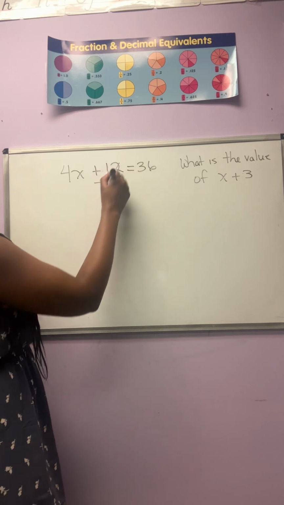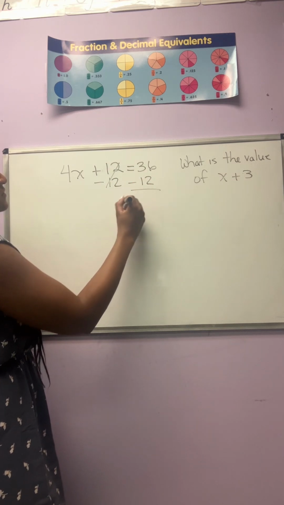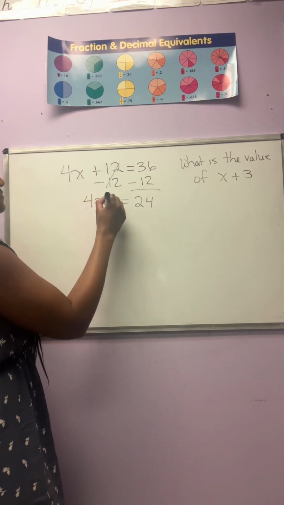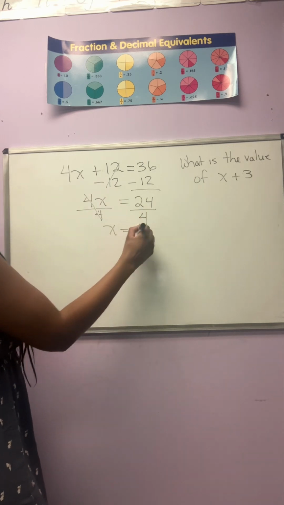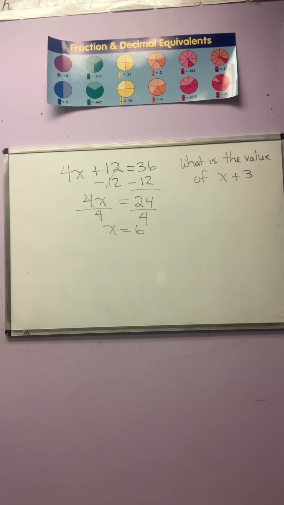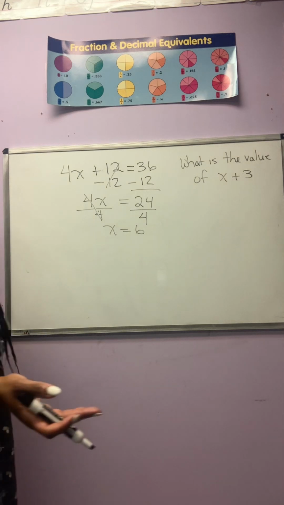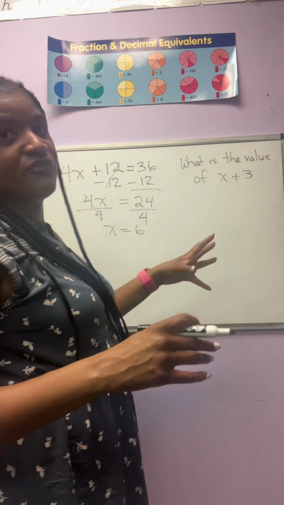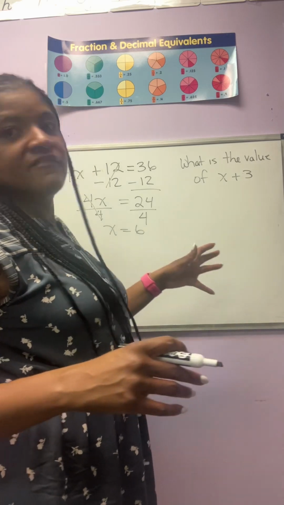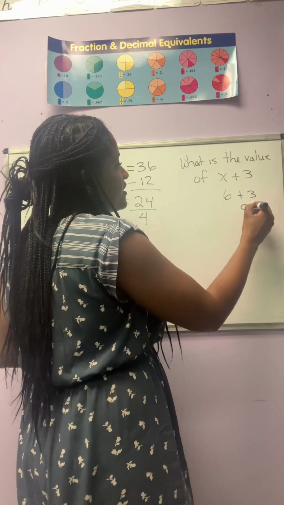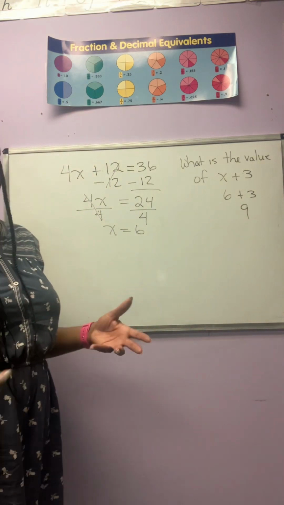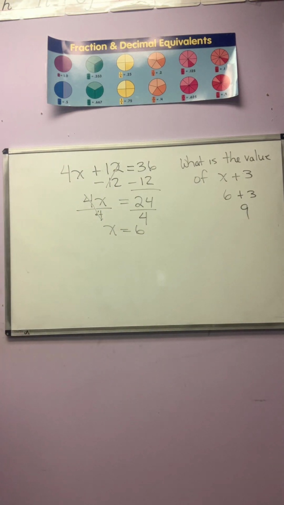Again, very basic. So the common mistake here is to think that you're done and that the answer is 6. And they actually do have 6 as an answer choice in the multiple choice. But you just have to read further, and it says, what is the value of x plus 3? Well, you've got to plug in that 6. 6 plus 3 is 9. So that should be the answer for that.